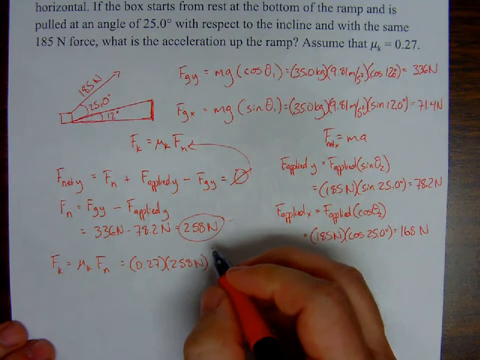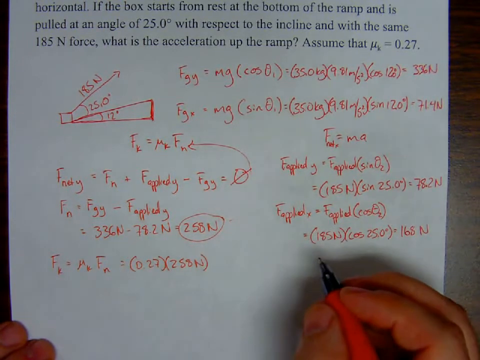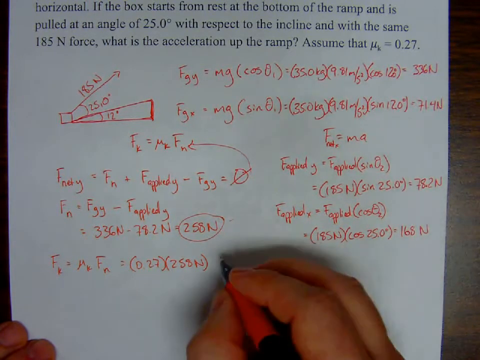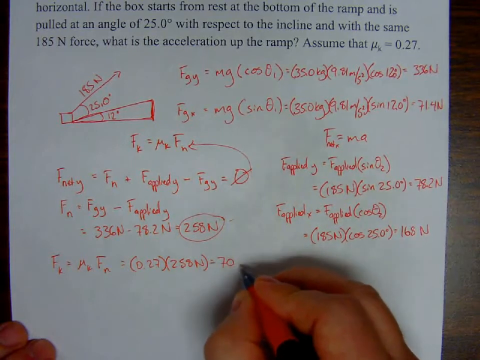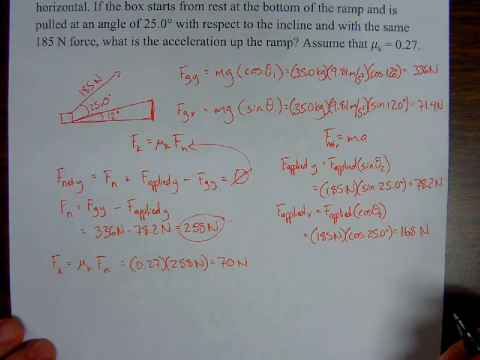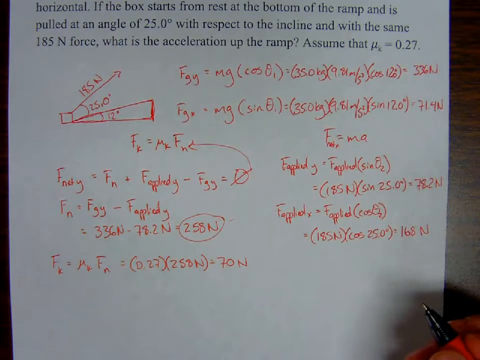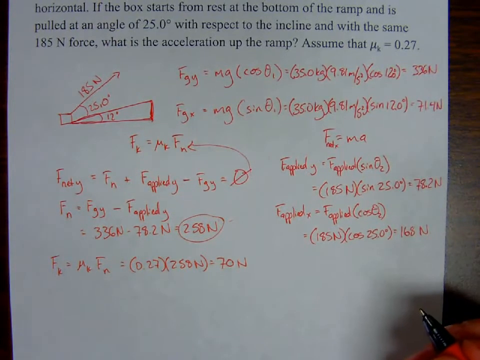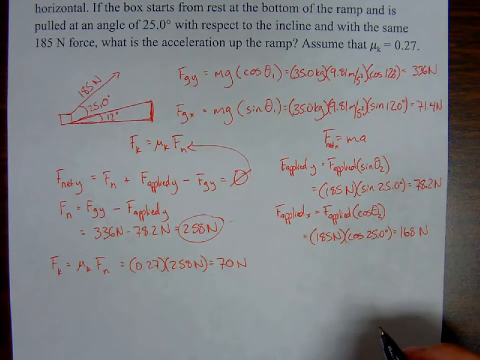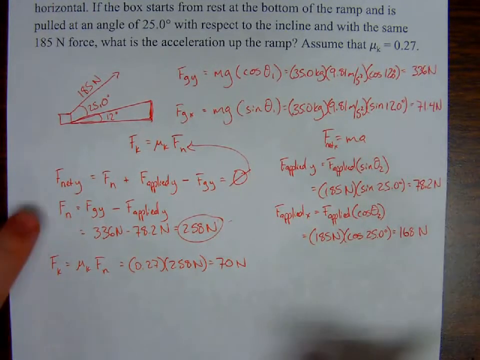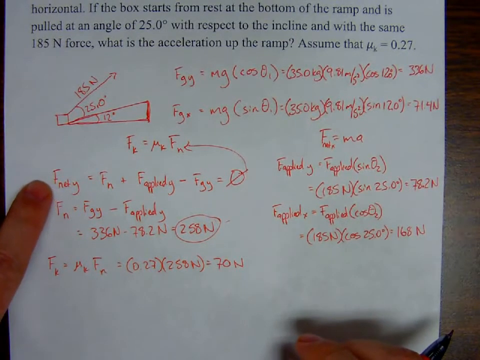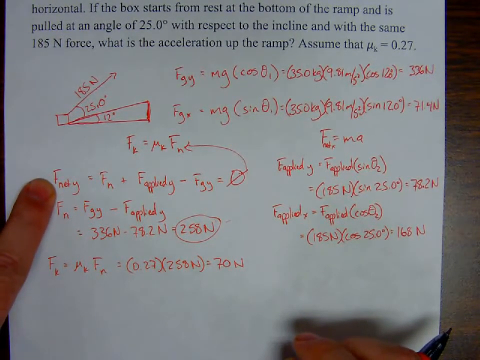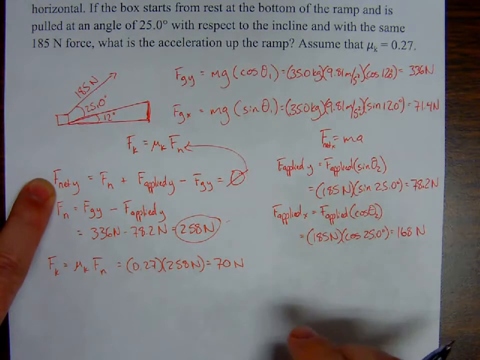The net force in the x direction is going to be the force applied in the x direction, which I already calculated over here, minus the force of kinetic friction. Why is it minus? Because the sign of the force of kinetic friction has to be opposite the force applied, because friction always operates in the opposite direction of the applied force.